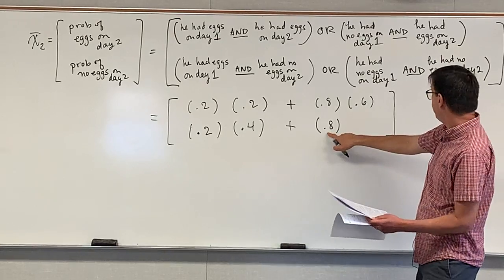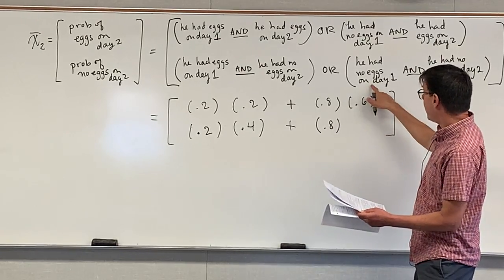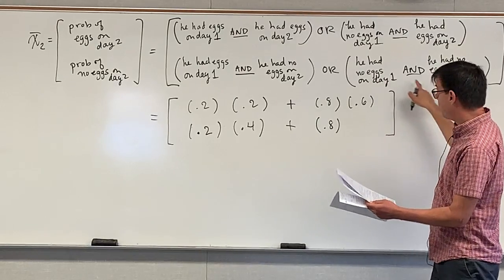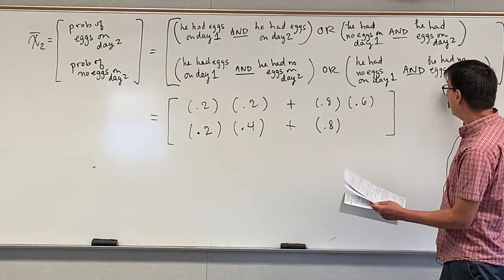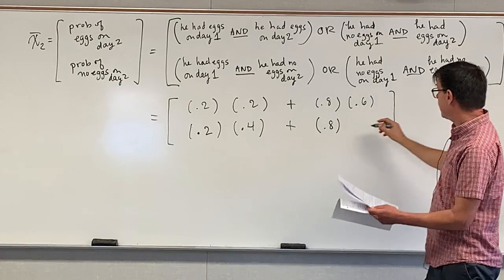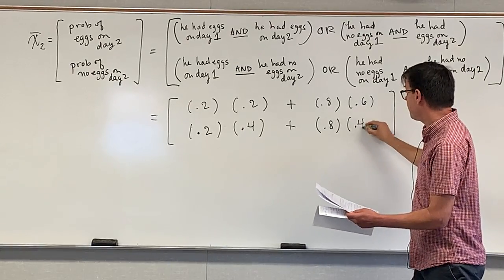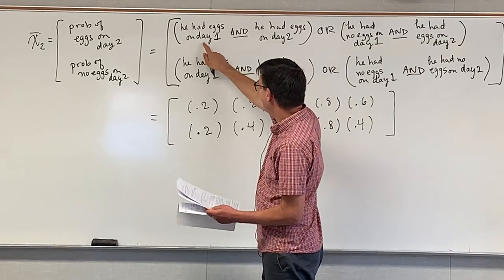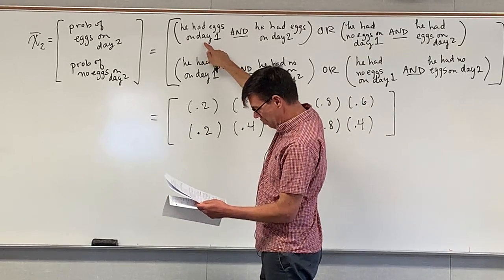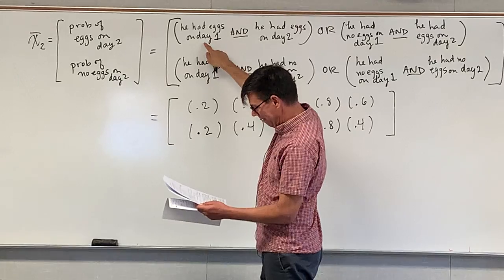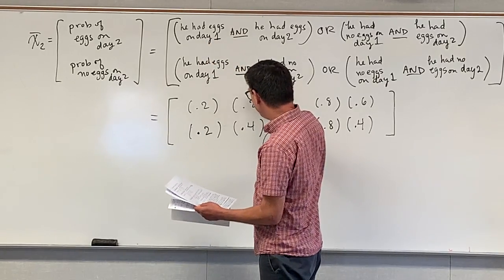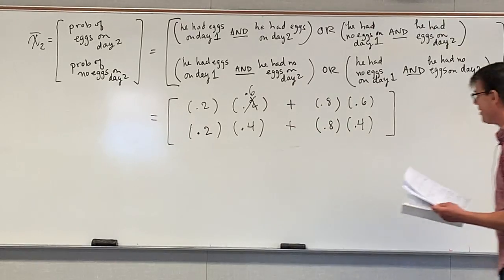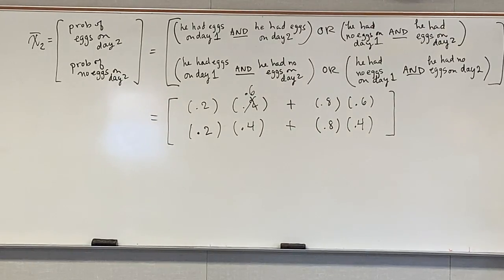But from our statement, if he had no eggs on one day, then there's a 40% chance that he will have no eggs the second day. And now I think I'm still messing up. I'm just having a bad day here. If he had eggs on day one, then there's a 60% chance. So here again. All right, so I totally managed to screw up what I'm writing down today.